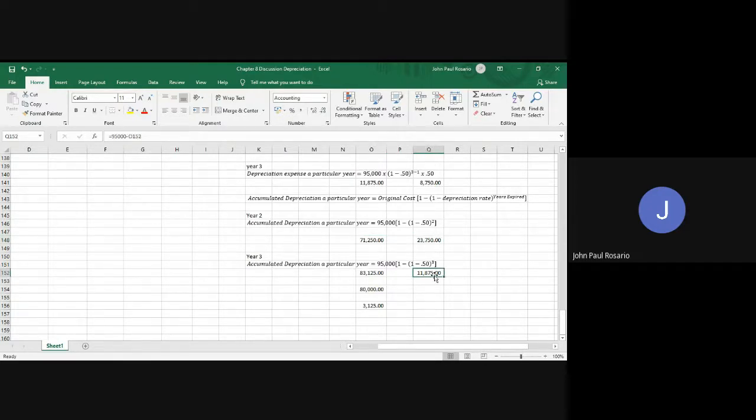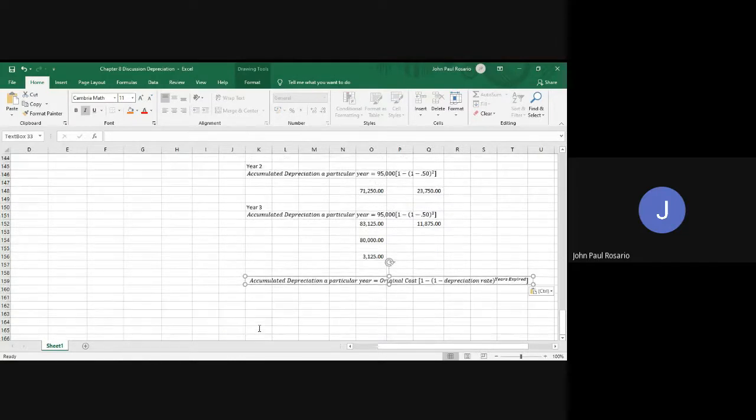But do I have a shortcut formula for book value? Let me try to create one. Book value on a particular year. So I think it would be just like this.